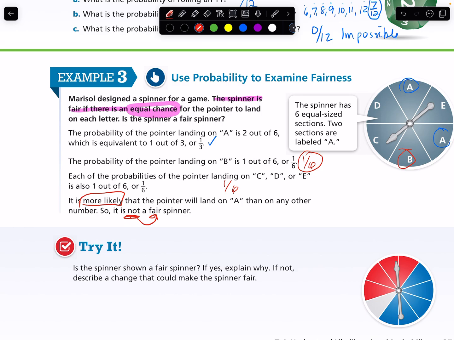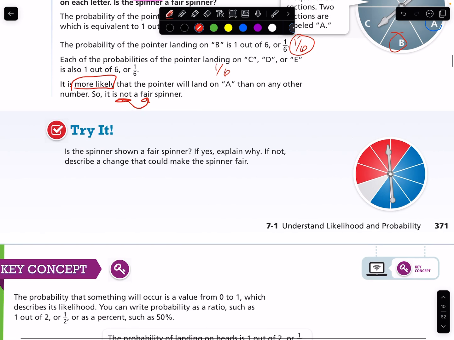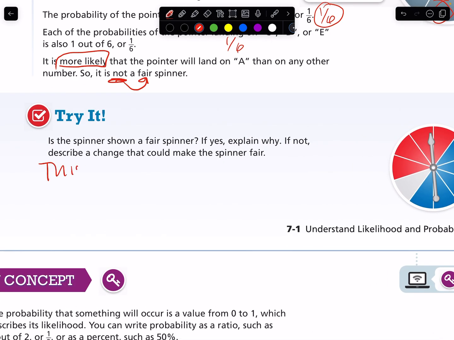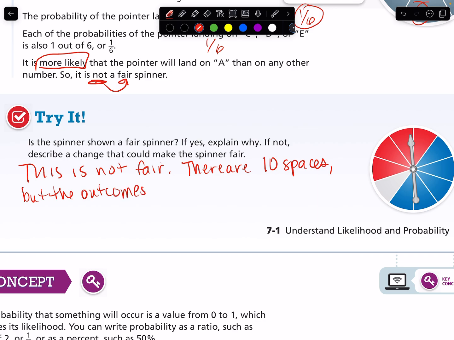All right, we can look at the one on the bottom. Is this spinner a fair spinner? Explain why or why not. So this one is not fair. And we can tell that because there are 10 spaces, but the outcomes of each color are different.